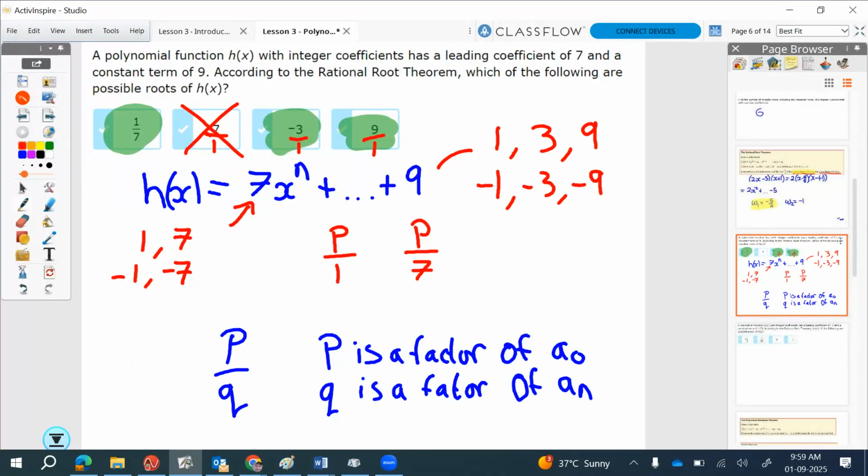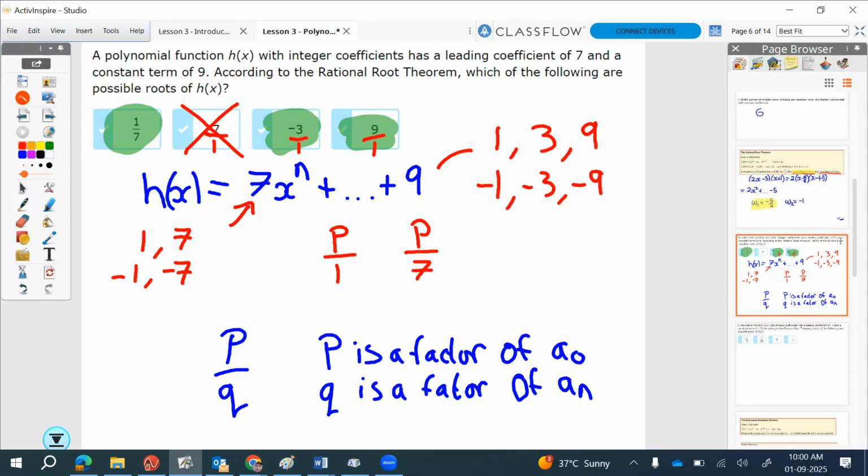From that, it tells us that 9, -3, and 1 over 7 could be roots. Could be roots. It doesn't tell us that they are. We don't have enough information to know what the actual roots are, but it does mean that these could be possible roots.